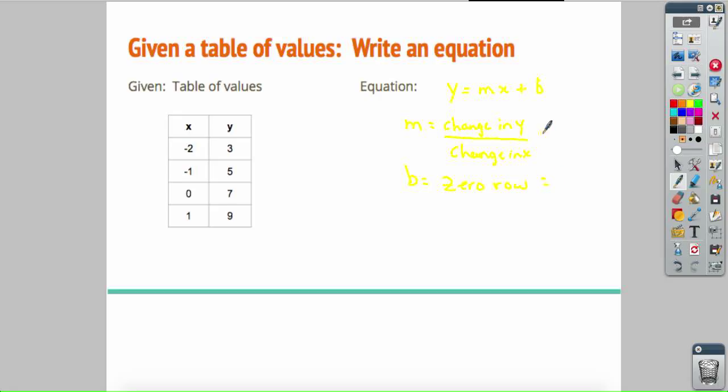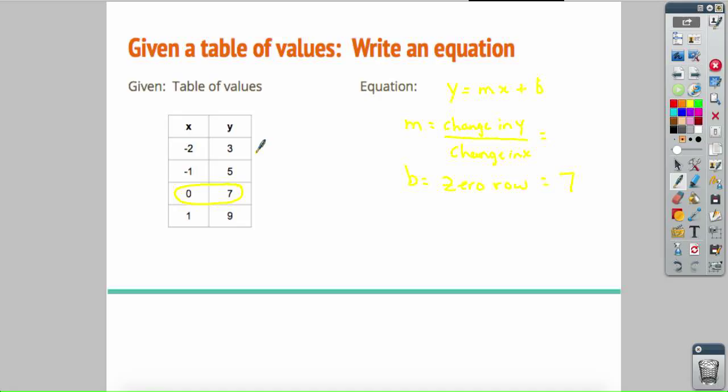We need to find these two pieces of information from our table so that we can write our equation. Well, the 0 row piece is nice and easy. The 0 row is where x is 0, and our y value is going to be our b value. So 7 in this case gives me my b value, or my initial value.